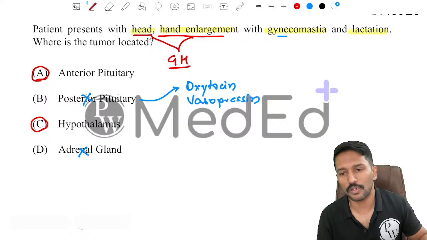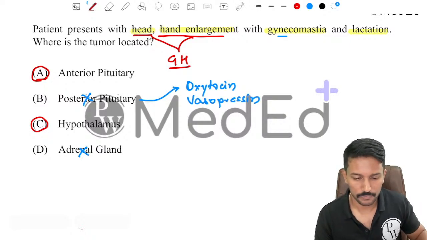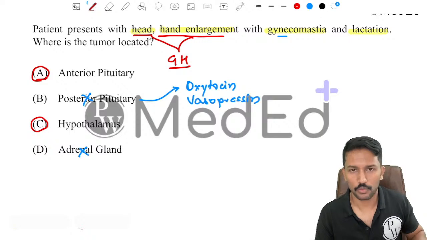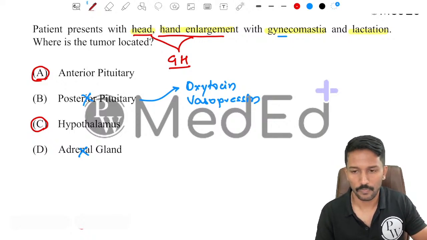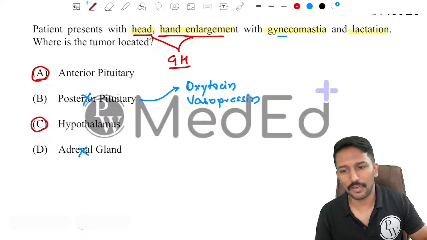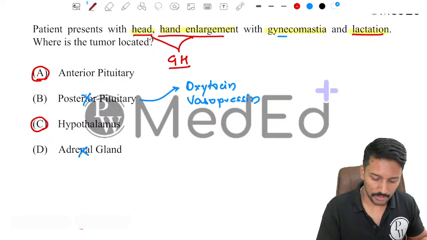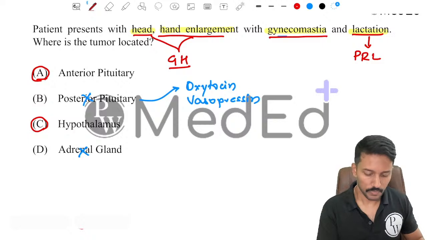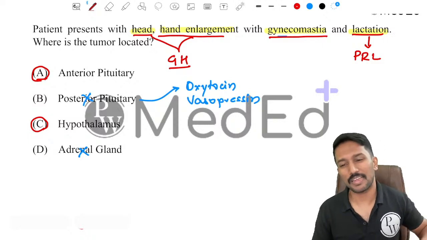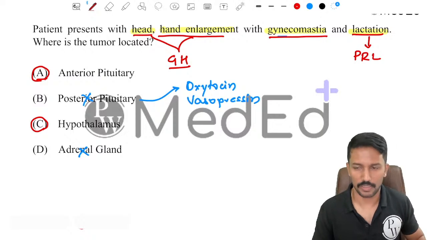But can growth hormone explain the lactation or gynecomastia? Growth hormone indeed can cause, but less likely. Lactation I can explain with prolactin. Gynecomastia, maybe growth hormone in a very high quantity may cause gynecomastia, but less common, less likely.